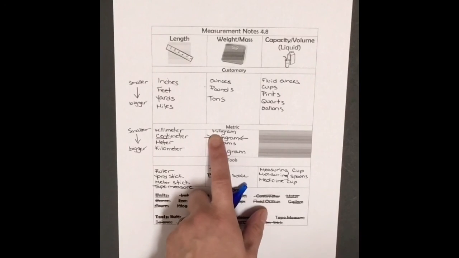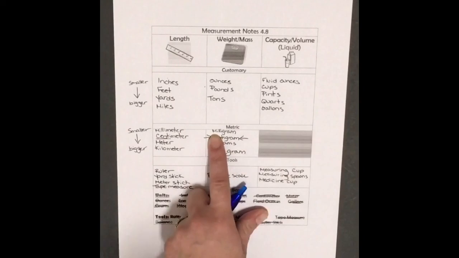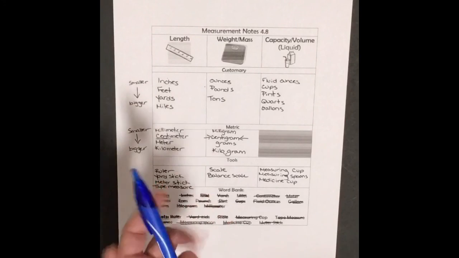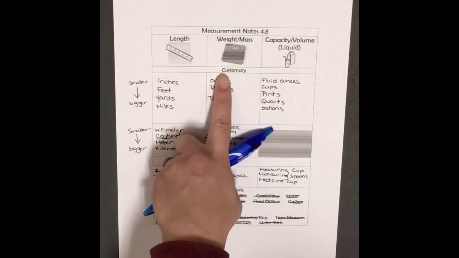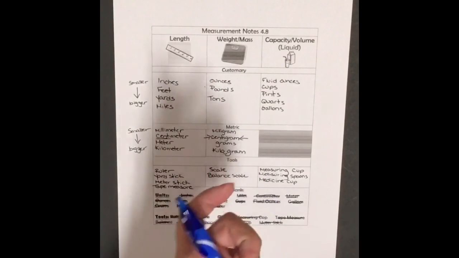Milligrams I might be able to use, but that's usually something very, very small. I'd really use grams for this pen. So if I was going to weigh this pen, I would use ounces in the customary, or if I could only use metric, I would use grams.